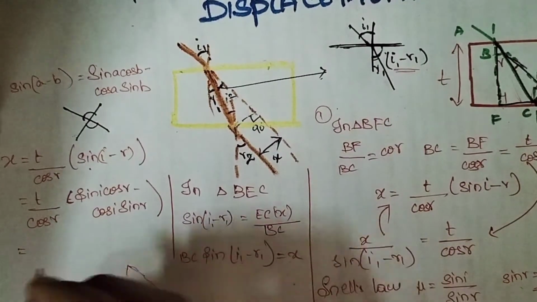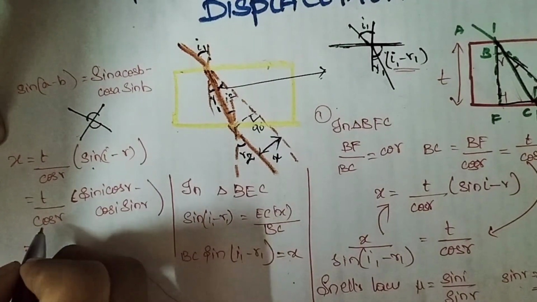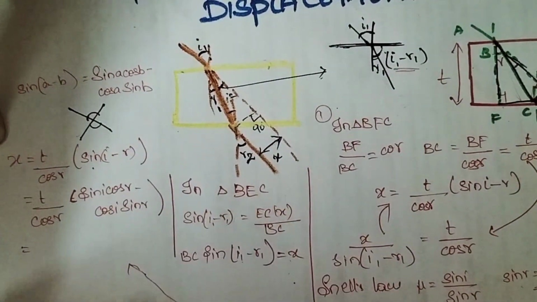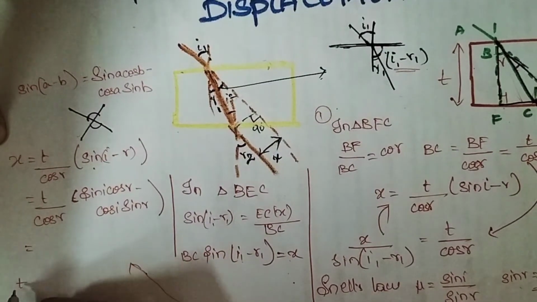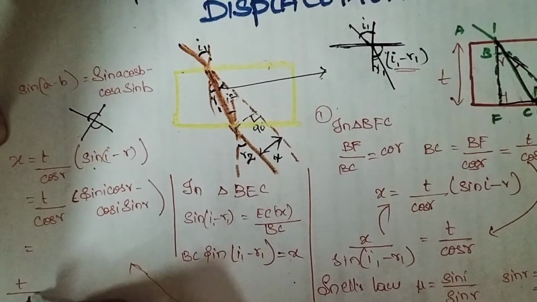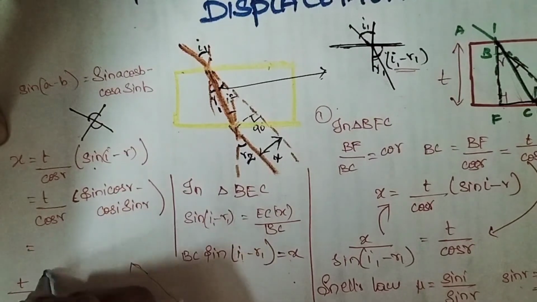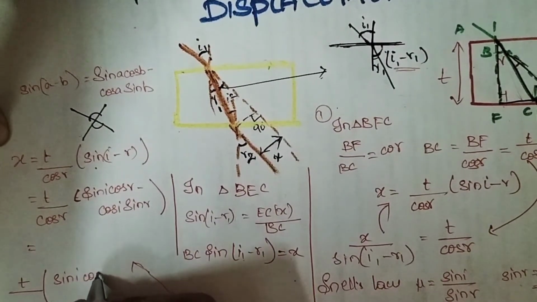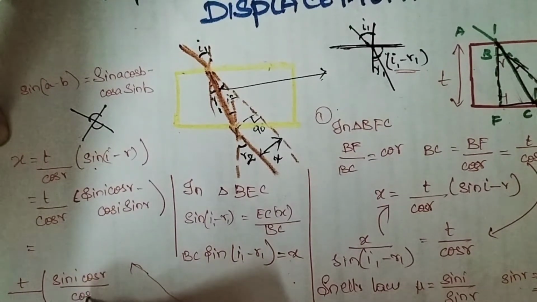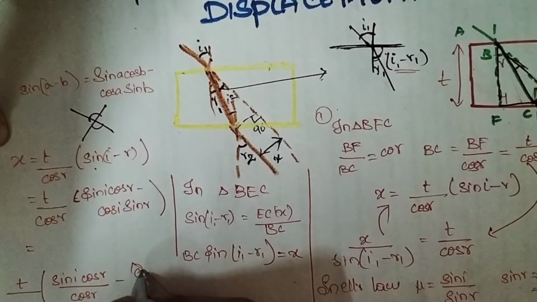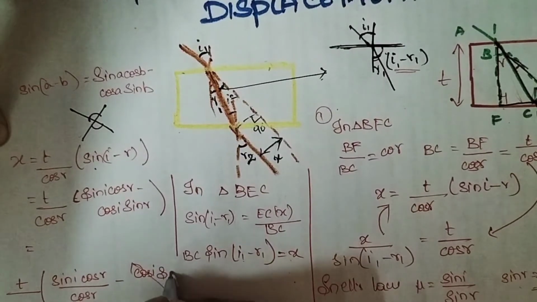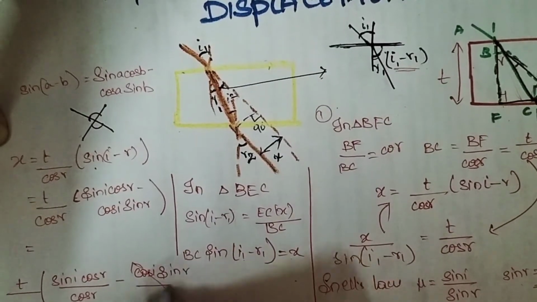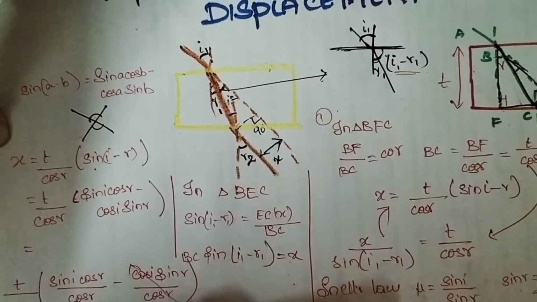Then how can we convert easily? t by cos r, you multiply both inside. So t by cos r, multiplying this: sin i cos r by cos r minus cos i sin r by cos r.